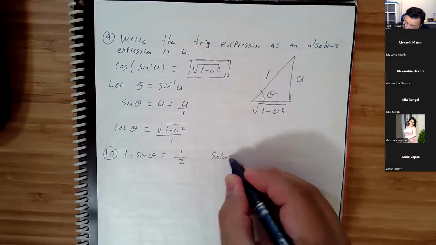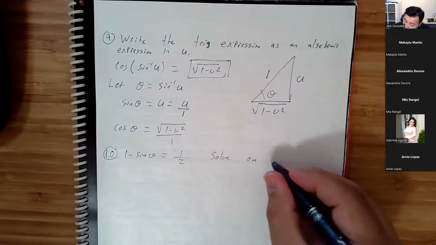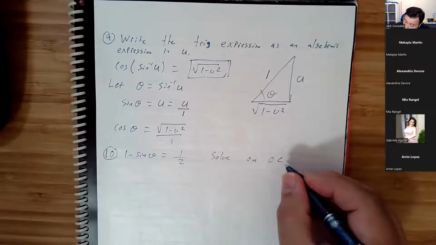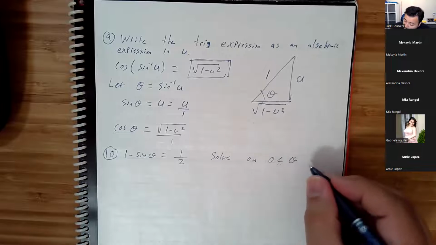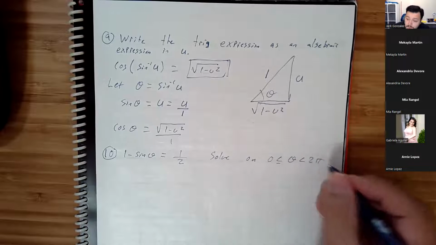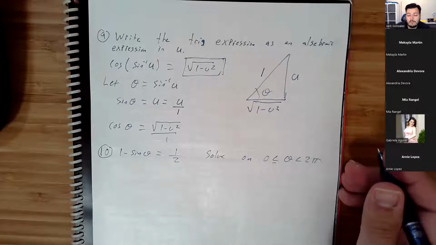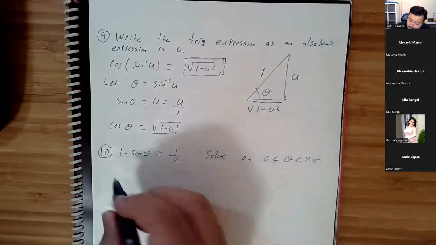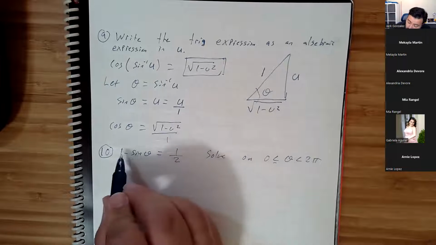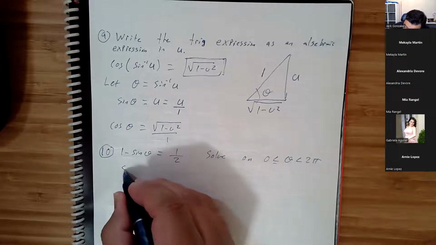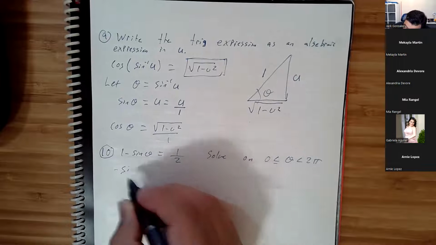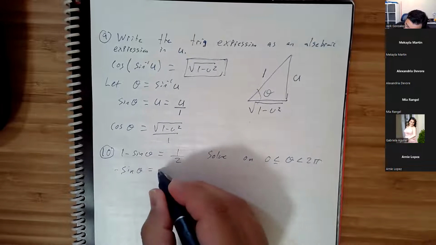Here they're telling us to solve on one period, 0 to 2 pi. So isolate sine, subtract 1. 1/2 minus 1 will be negative half.